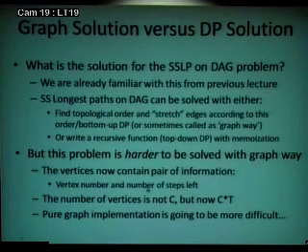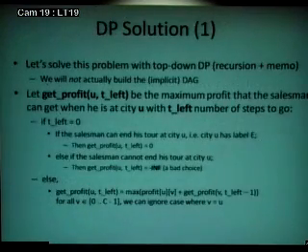So now the number of vertices in your DAG increases, not just C cities, but C times T, because you now have a pair, and the number of vertices will be C times T. So we can solve this problem using a recursive formulation.